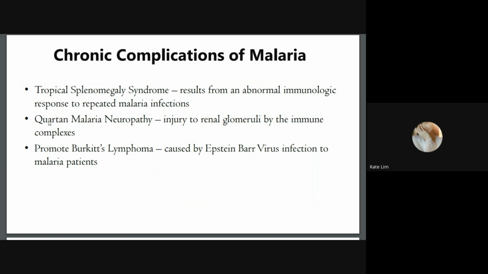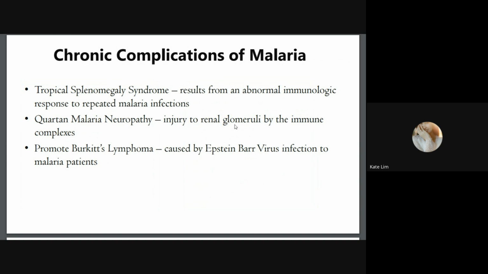This is usually a condition that involves immune complexes that damage your renal glomeruli, leading to kidney dysfunction. Over time, this can result in chronic kidney disease and even kidney failure if not managed properly.